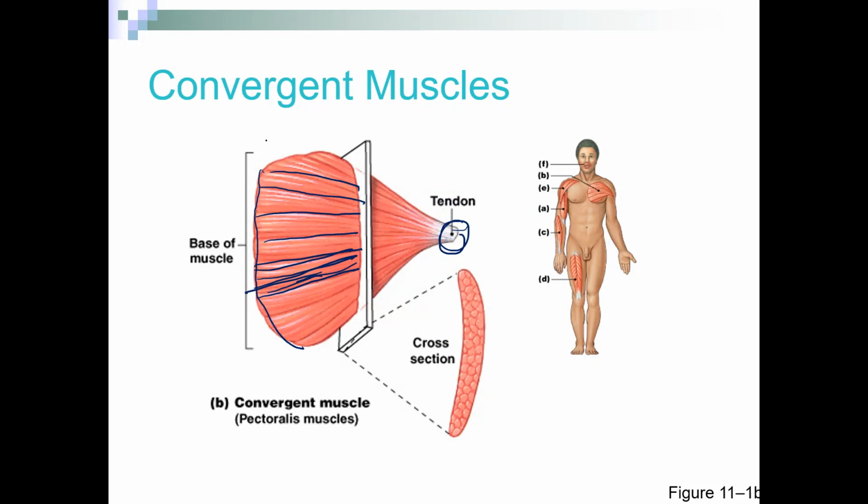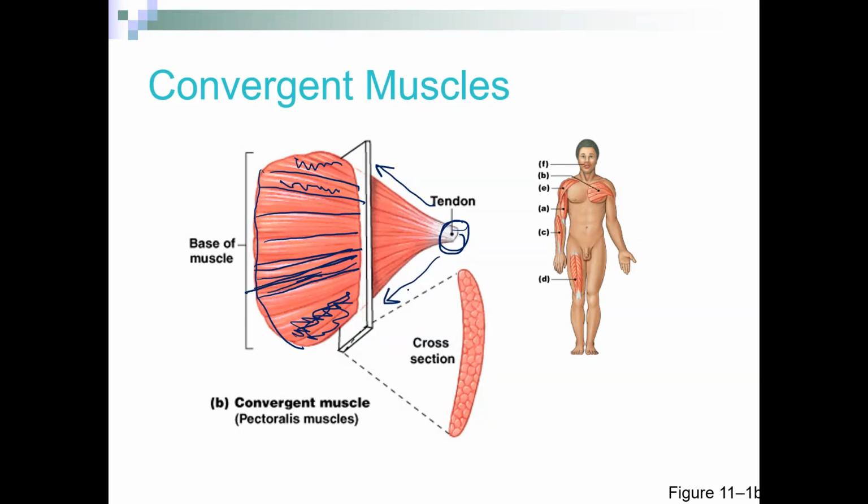Because of this arrangement, if you contract these fascicles here and leave the rest relaxed, you pull the tendon in that direction, which means you're pulling the body part you're attached to up in that direction. However, if you instead contract these down here, you're pulling in that direction instead, right?